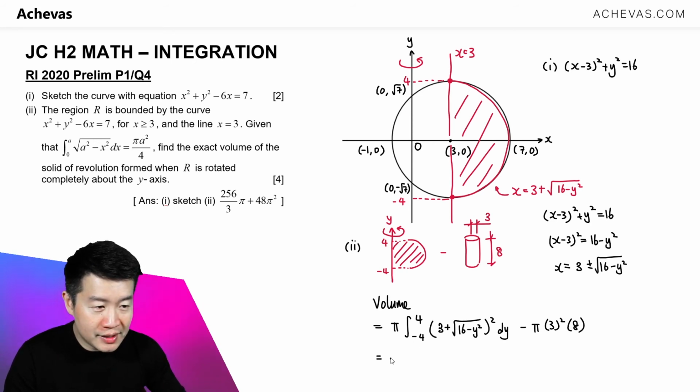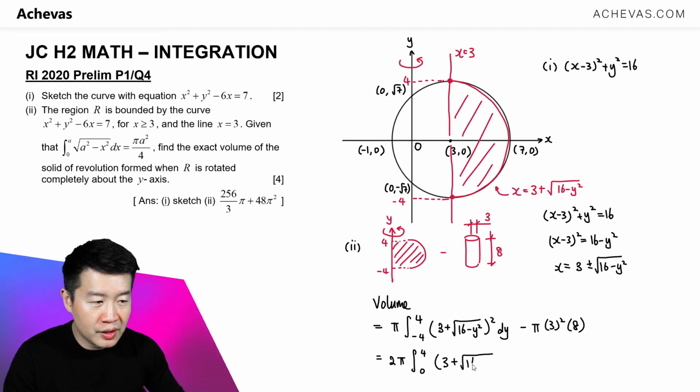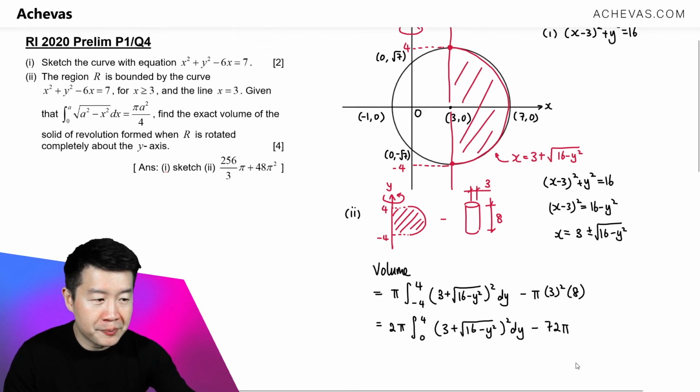So I'm going to rewrite this as 2 times pi integrating from 0 to 4 of 3 plus the square root of 16 minus y squared dy, minus away this is 9 times 8, so we have a 72 pi.